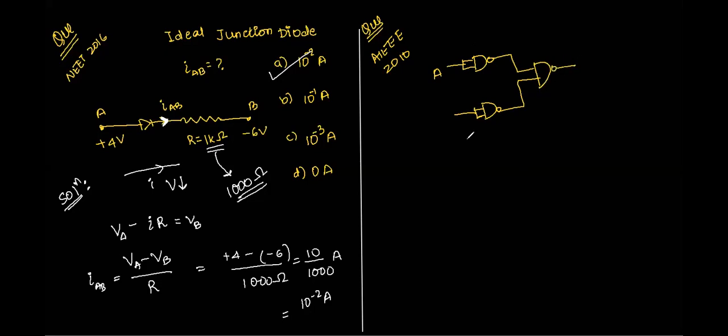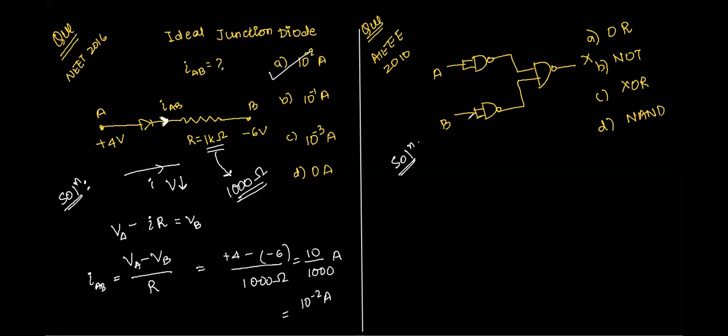Now we need to find out what kind of gate this is. Is it OR, NOT, XOR, or NAND gate? So we have four options: A, B, C, or D. Very simple, very easy. Look at the question carefully.